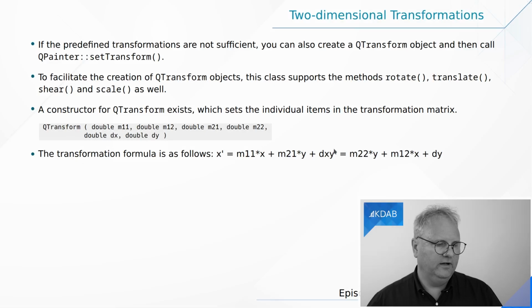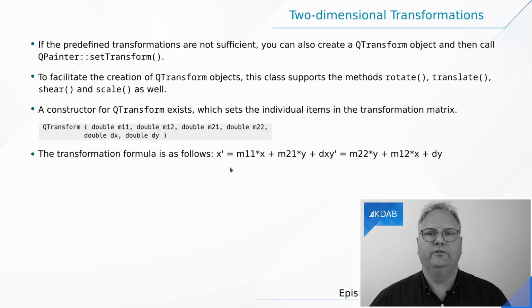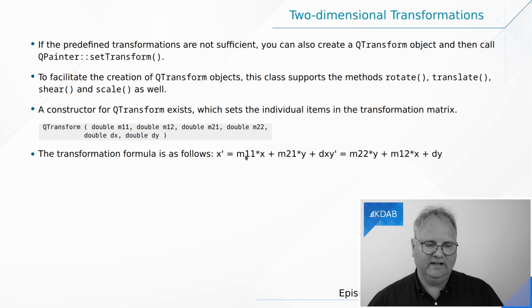As you can see here on the slide, QTransform simply takes 6 parameters, and the math is that when I get an X and a Y coordinate in, then what I'll get out is the X multiplied by M11, the Y with M21, and then plus delta X. And the Y coordinate, think of a new line here, the Y transformed is this operation down here.